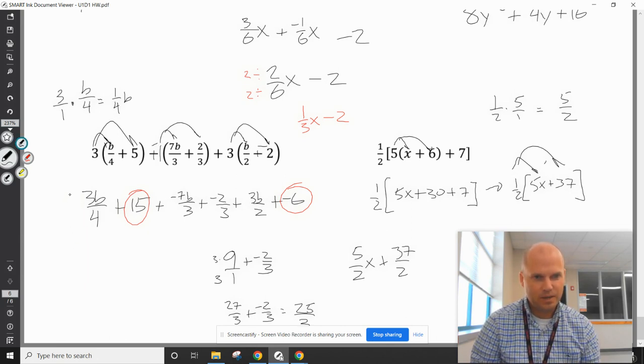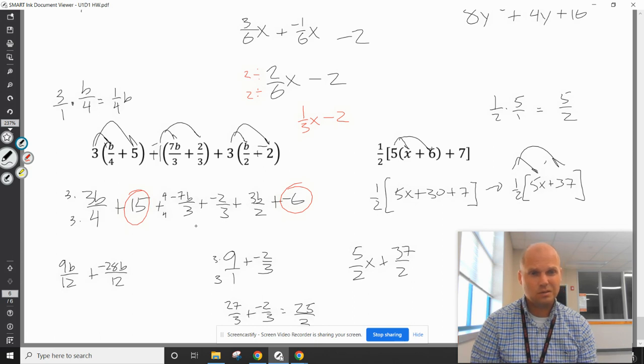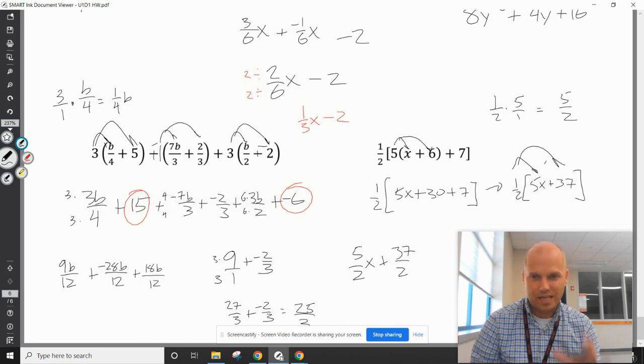But let's multiply this by 3 to get 9/12ths of an apple. You can put the b in front, or you can keep it up here. Multiply this by 4 to get negative 28/12ths that I owe. Multiply this by 6 to get 18/12ths that I have.